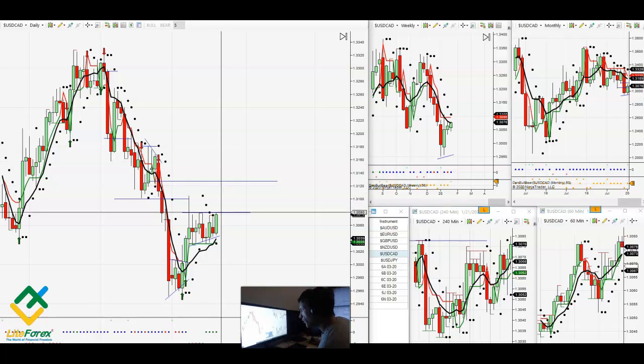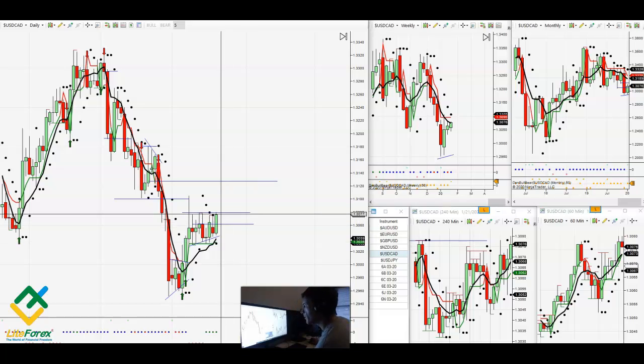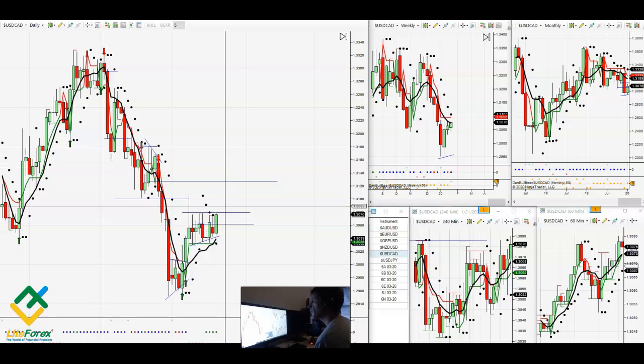So let's see if it can hold that price, because this could easily pull back because we're very up, down, up, down. And if we open up around this resistance price, we could easily get a pullback. So let's watch this 1.3062 price.